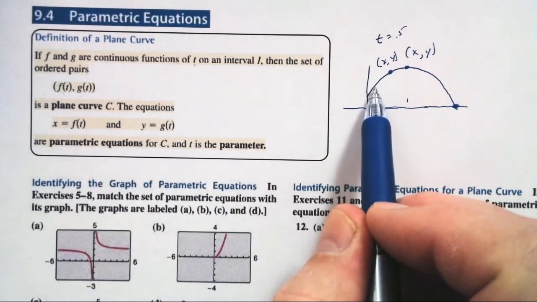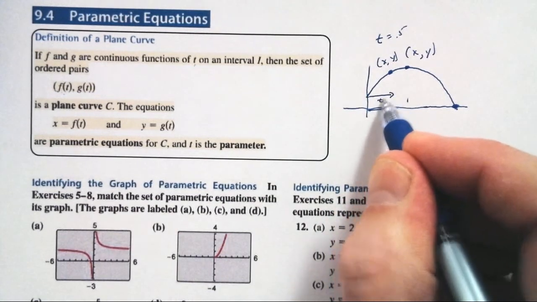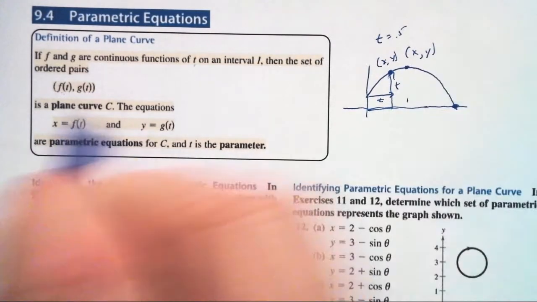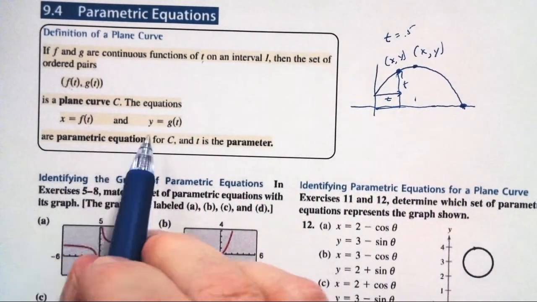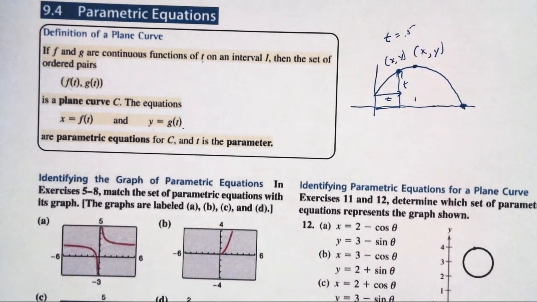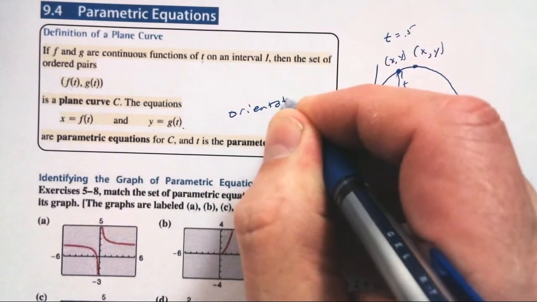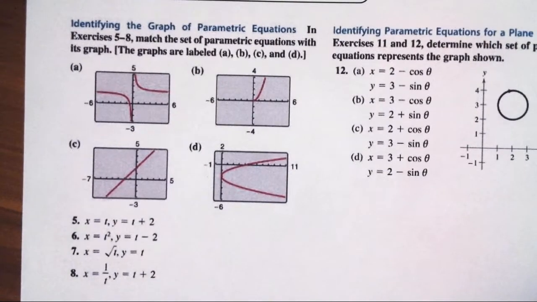So we can find where the ball is down range after t seconds, and how high up it is after t seconds, and that would give us our x, y. So x is a function of t, y is a function of t, and the only difference is that we're going to talk about what's called orientation, and you'll see what I mean by that. So let's go ahead and get started.